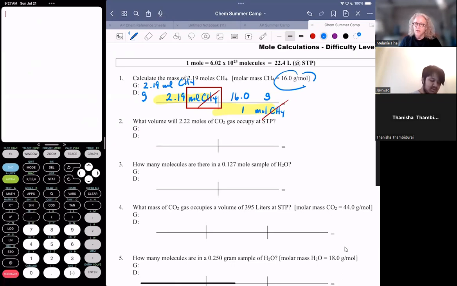I'm just going to do that. 35.04. Okay. 35.04, and then the right number of sig figs would be 35 point. Is it 0.0? Perfect. And what are the units? Grams. Perfect.